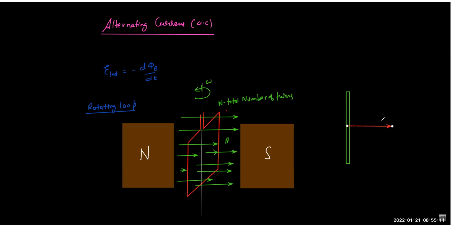So this is the B value, and this is your loop, and this is the top view. You are looking from this side. And the loop is rotating, let's say like this.